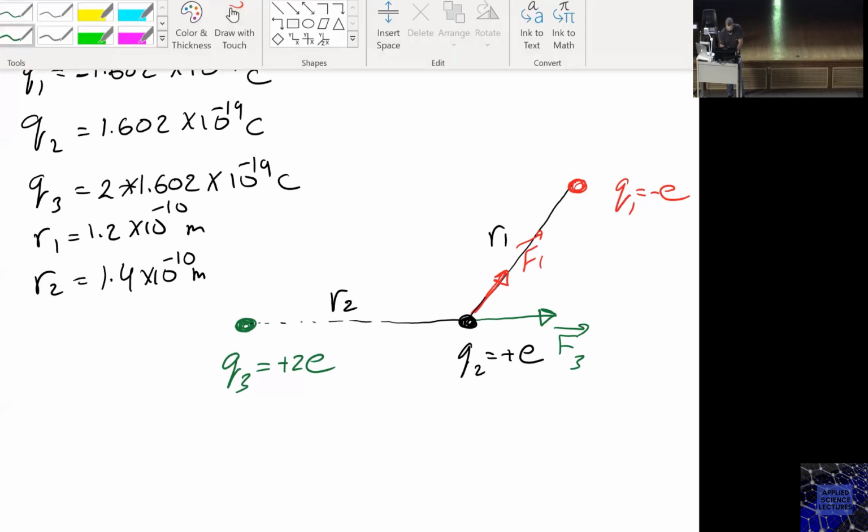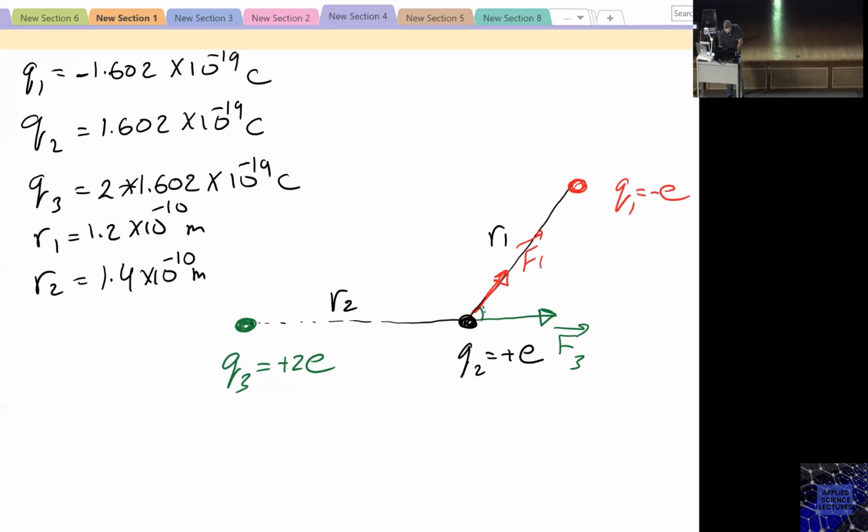Now, I need not to forget the angle theta, and I'll put here theta as 55 degrees. So, what's the first thing to do? Calculate the magnitude of F1 and the magnitude of F3.